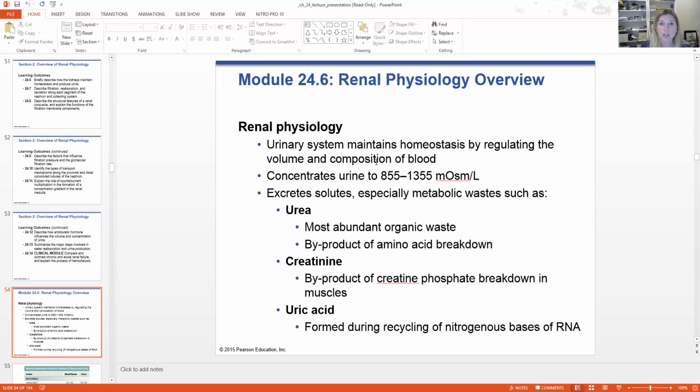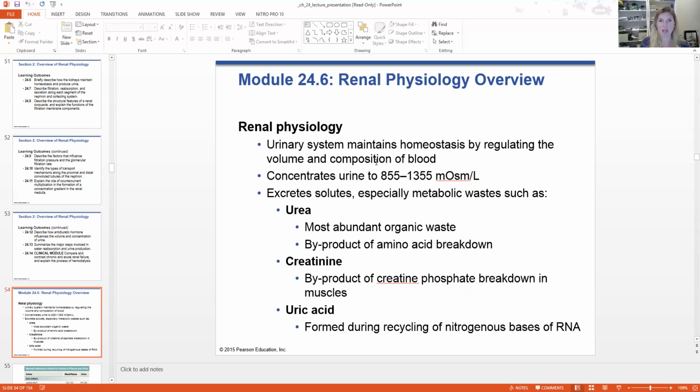So urea is one of the products that is excreted in our urine. It's the most abundant metabolic waste product. This is a byproduct of the breakdown of amino acids. Creatinine. This is another byproduct of metabolism. It's a byproduct of creatine phosphate breakdown. Creatine phosphate is another form of energy, kind of like ATP, adenosine triphosphate.